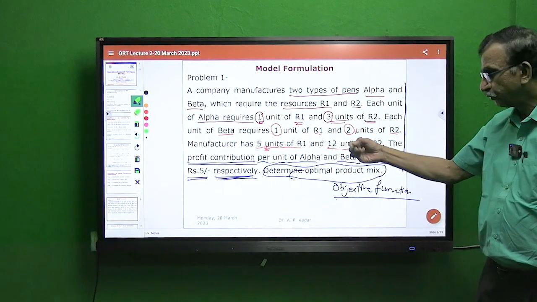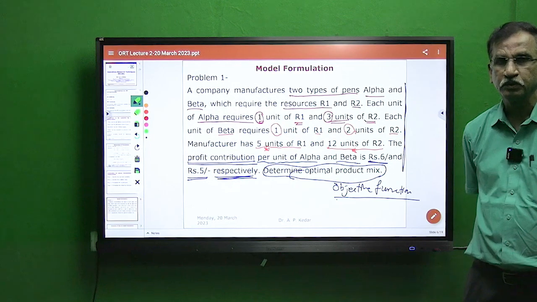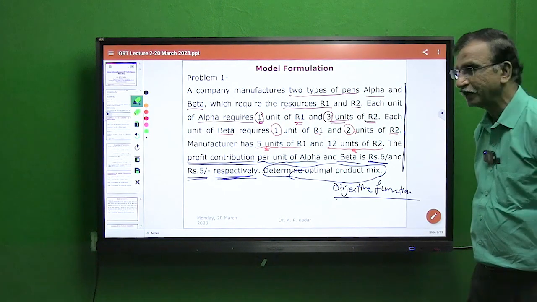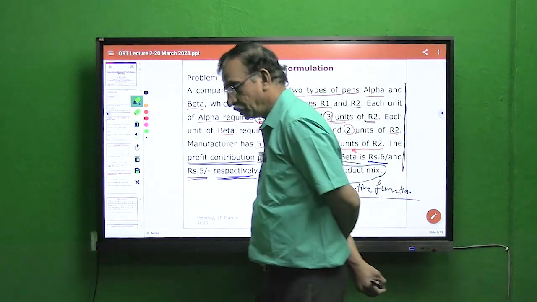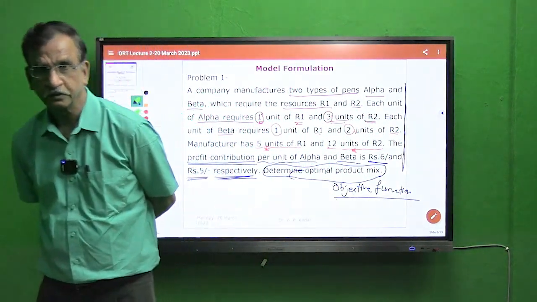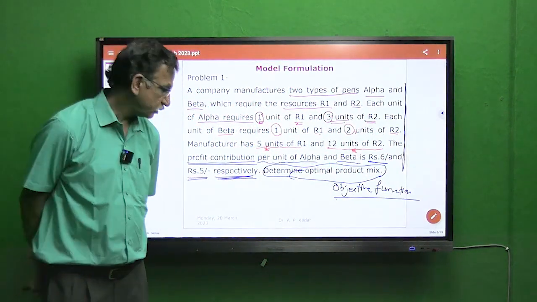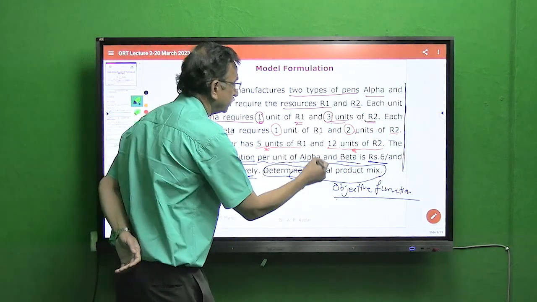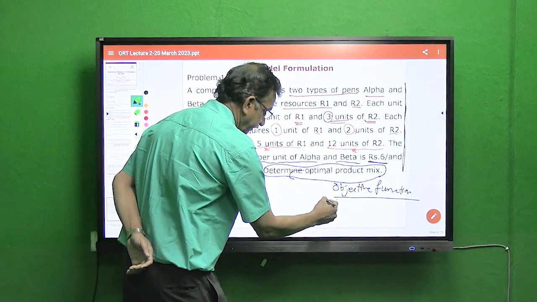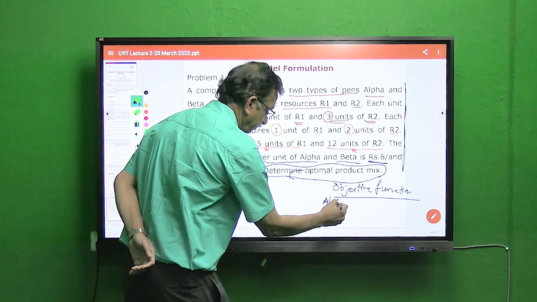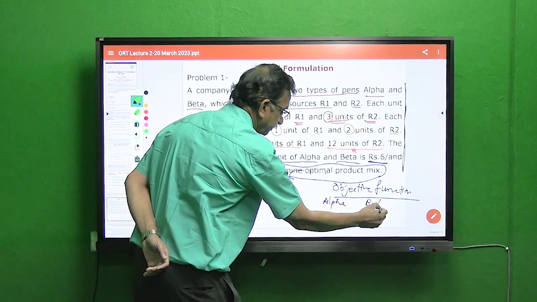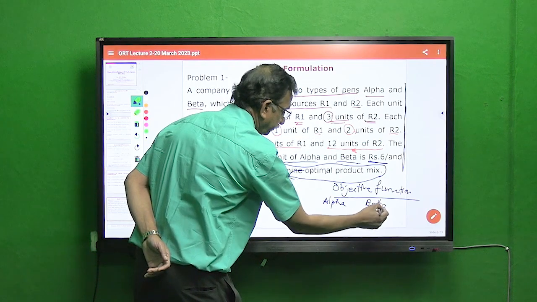Now, before that, we have to assume something. That is the very first step: identify decision variables. Students, here products are labeled as alpha pen, and the other type of pen is beta pen.